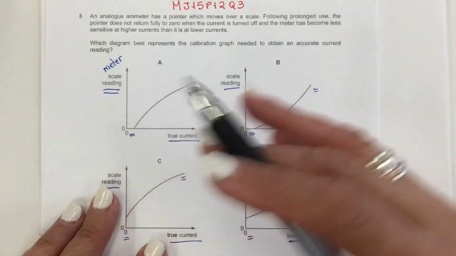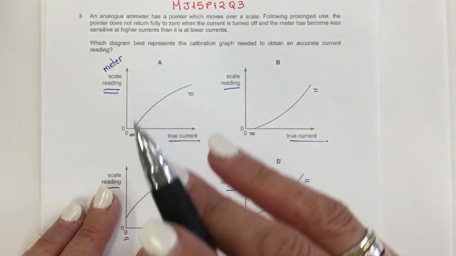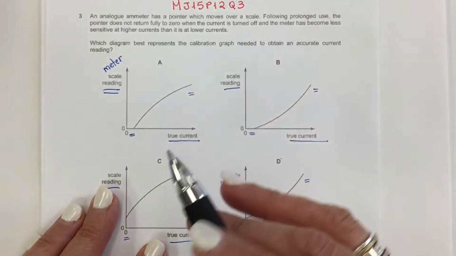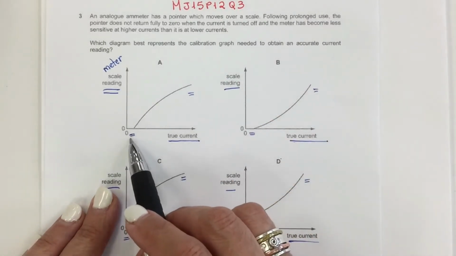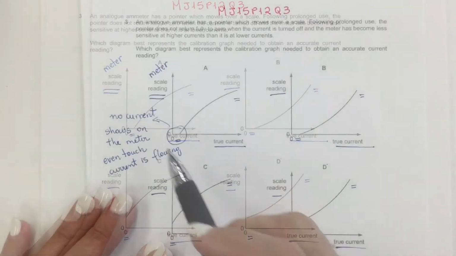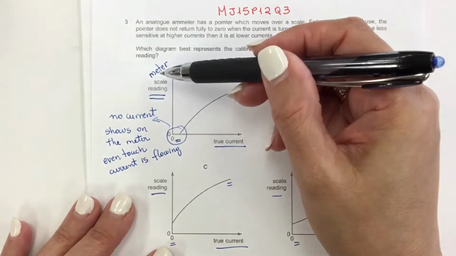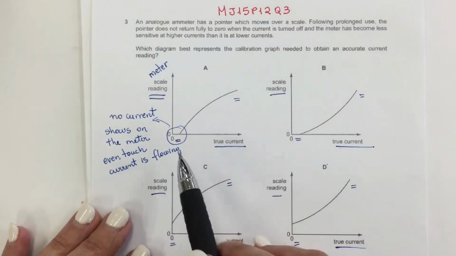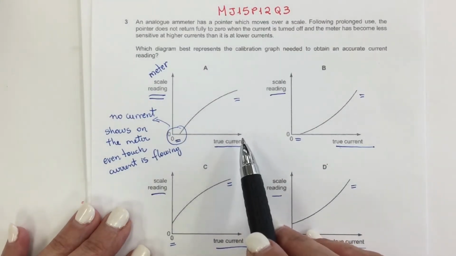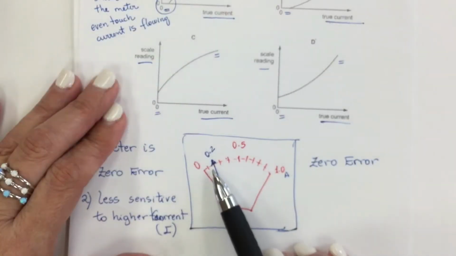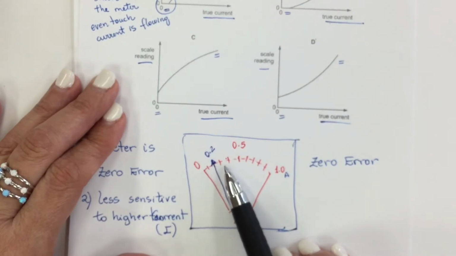It just says as the current gets higher, it will be less sensitive. So this is not correct. As a note here, there is no current showing in this meter, even though current is flowing in the circuit, which means this pointer will not move at all.